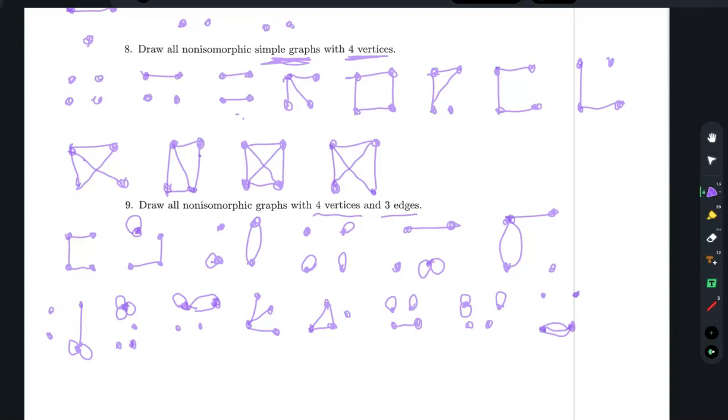Or I could have 2 parallel edges. Looks like a mad face. Or I could have this. Or I could have this. And then last one, couple of eyes, and there. I think that was it.